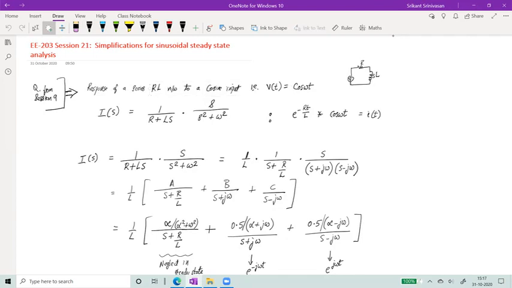Just to recap, you have an R and an L in series, and the Laplace transform impedance is R for the resistance, and for the inductor it becomes S times L. My input voltage is A cos omega t, a cosine input. That's my forcing function, and we wanted to find the current in the circuit as the response to a cosine voltage input.